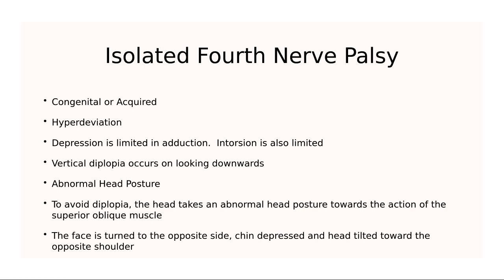So the person will complain of double vision when looking downwards. There's usually an abnormal head posture. So to avoid the double vision, the head takes up an abnormal posture towards the action of the superior oblique muscle. So the face is turned to the opposite side, the chin is depressed, and the head is tilted towards the opposite shoulder.